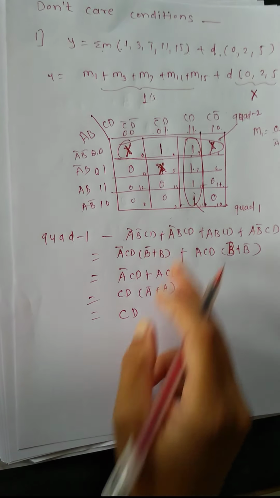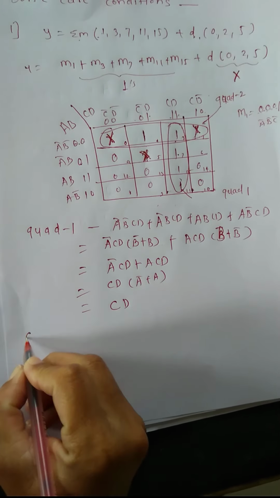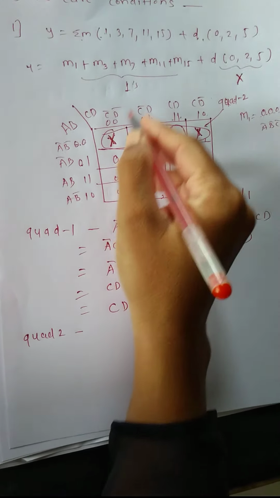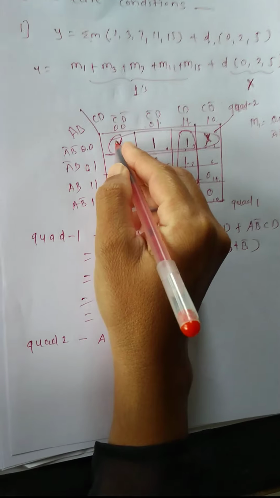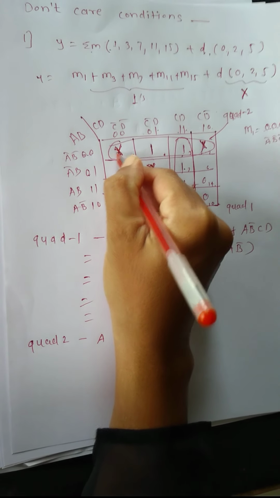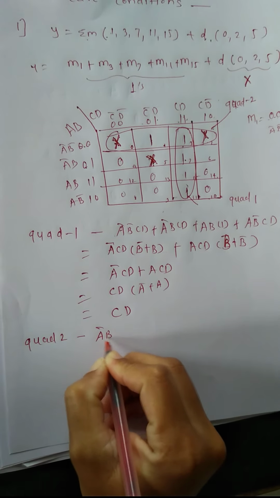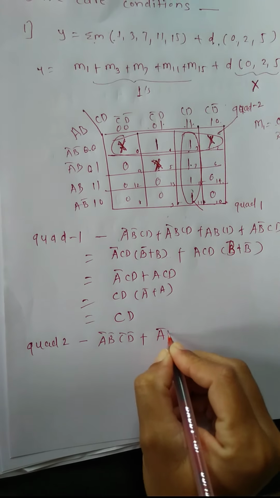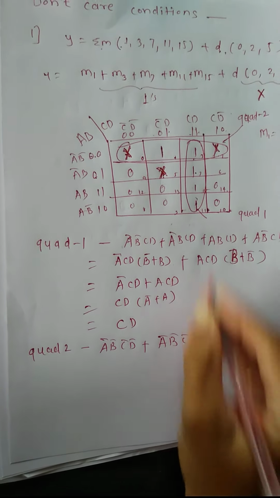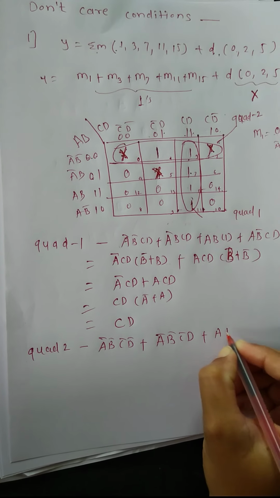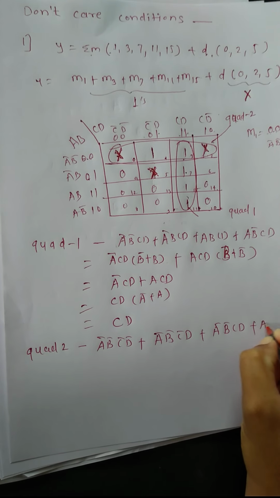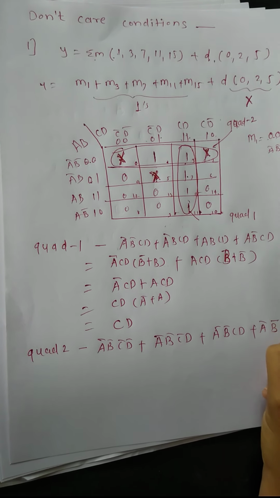Next group is this second group, quad 2. This is a quad 2. So first don't care we consider as a logic 1. So this is a bar, b bar, c bar, d. Next for this one a bar, b bar, c bar, d. Next for this one a bar, b bar, c, d, and for this a bar, b bar, c, d bar.